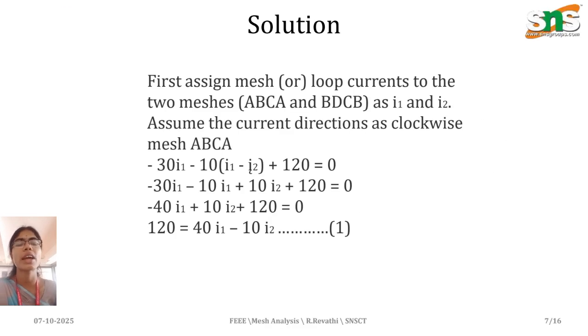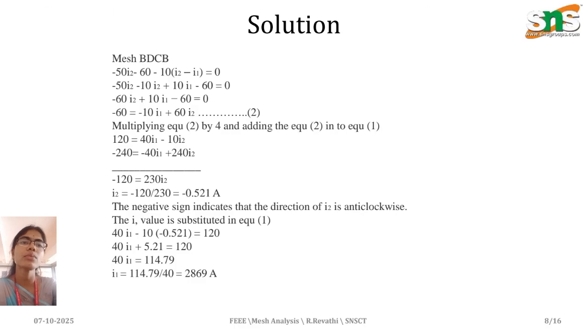This is what I have said in the previous slide. Equation 1 is 120 equal to 40 I1 minus 10 I2. Solving the second equation, we get minus 60 equal to minus 10 I1 plus 60 I2. Here we use the determinant method.